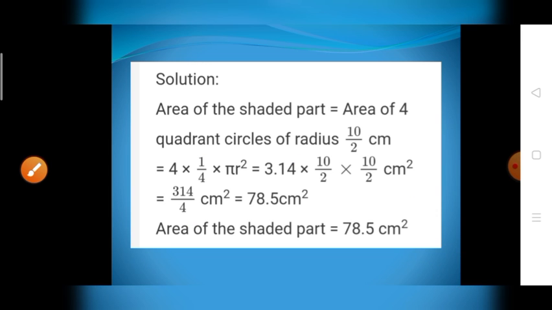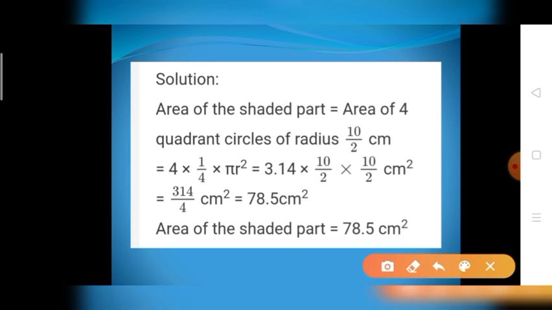Area of the shaded part, area of the 4 quadrant circles of radius 10 divided by 2 centimeter: 4 into 1 by 4 into pi r squared. The 4s cancel, pi value 3.14 as given, r value 10 divided by 2 into 10 divided by 2.